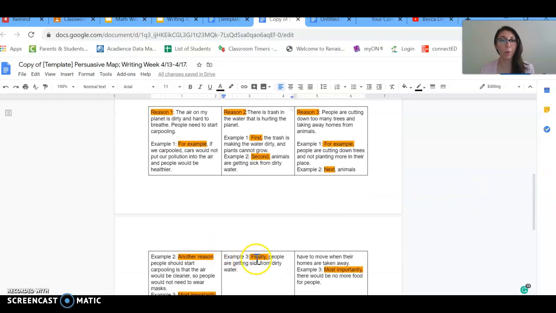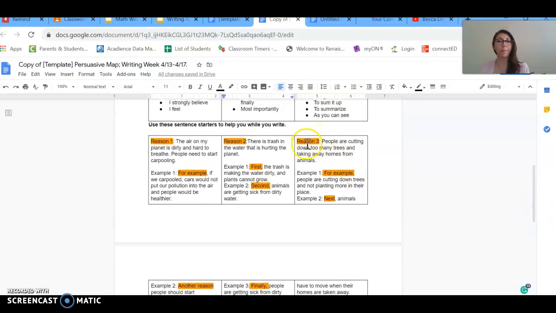Your third example is, finally, people are getting sick from dirty water. Okay, so your second reason why people need to stop hurting the planet is that the trash is hurting the planet. Trash is hurting plants because they can't grow. Second, the trash is hurting animals because they're getting sick. And finally, the trash is hurting people because they're getting sick from dirty water too.